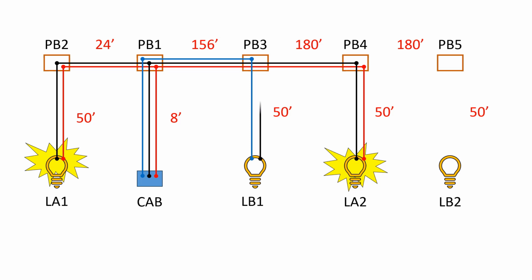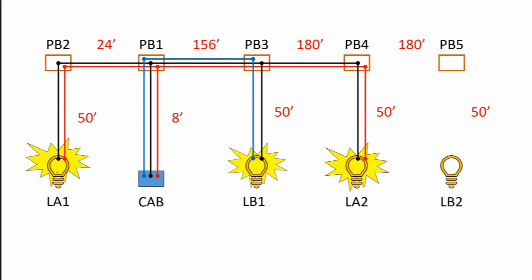We can connect the neutral for LB1 to the neutral wire that is already in PB3. The A and the B lights are going to share a common neutral. That's why we call it a 3-wire system, because we have 2 hots, the A and the B, and a single neutral. Okay, and so now that we have the neutral connected, LB1 is energized.